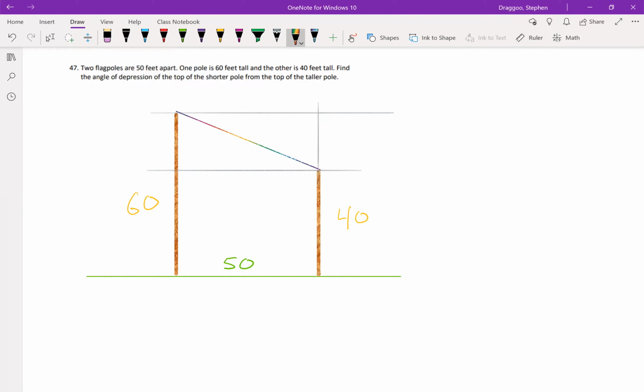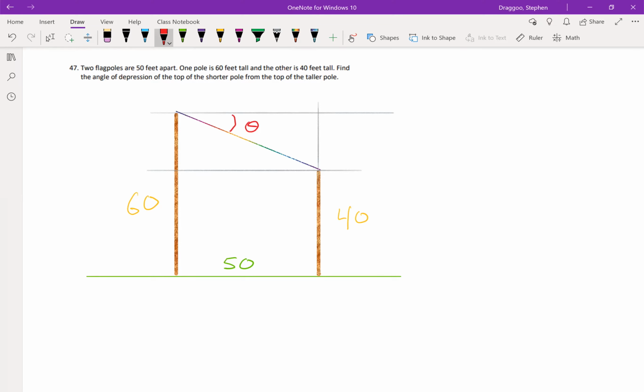So we'll see how good my sketching ability is. So here's that line that connects the top of the taller pole to the top of the shorter pole, and I wanted to label the angle of depression that goes from the taller pole to the shorter pole, which means I am looking at this angle right here. I'm going to call it theta.